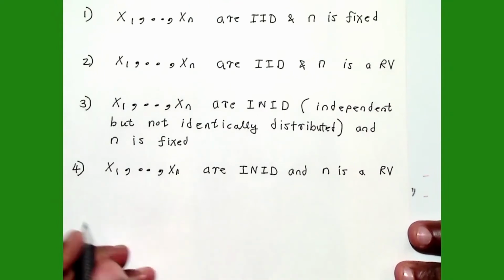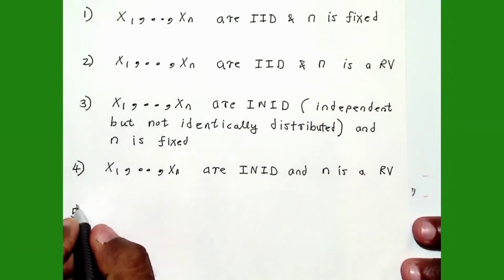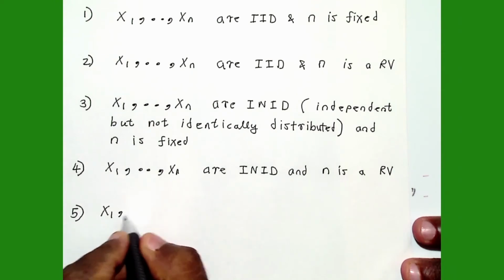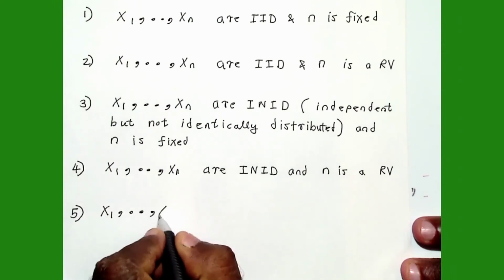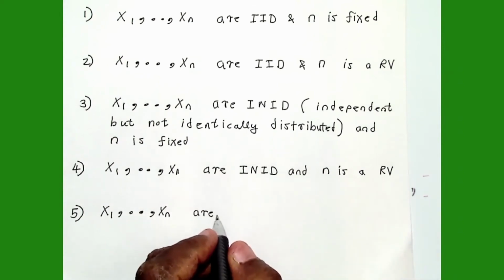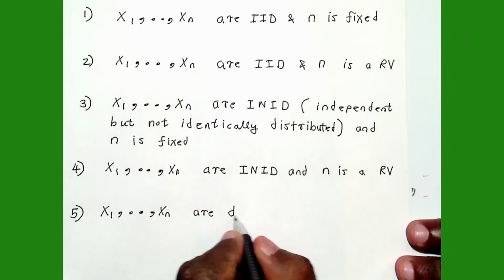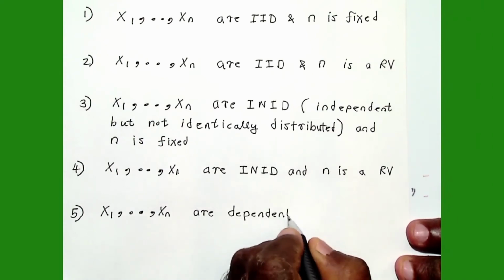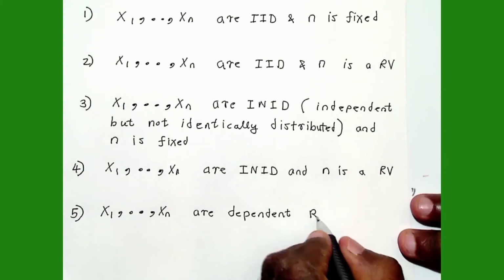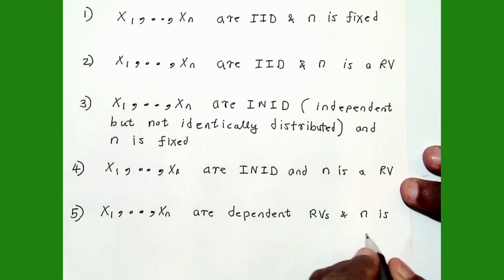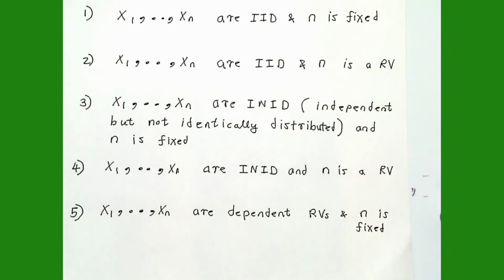Okay, and case number 5, the losses are dependent random variables, and N is fixed.